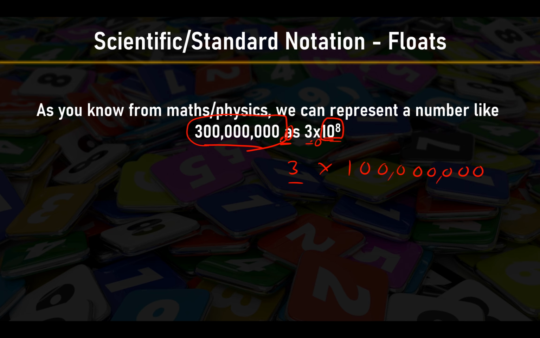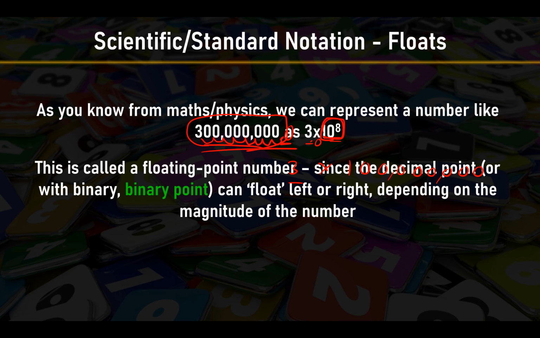To go from this one to this 300 million, the decimal point has to jump 8 places to the right. That's why it's floating, since the decimal point is moving. And this is going to be the same in binary, but rather than calling it a decimal point, you can just call it the binary point. That can float left or right depending on the magnitude, so just the size, or the absolute value of the number.